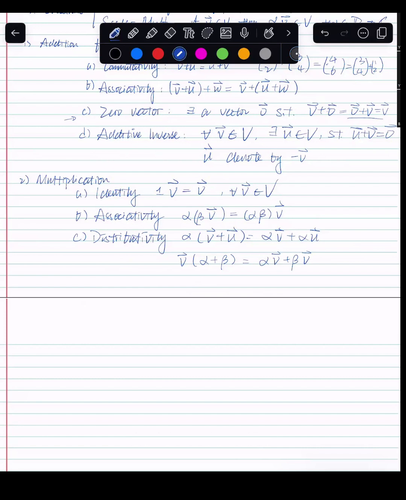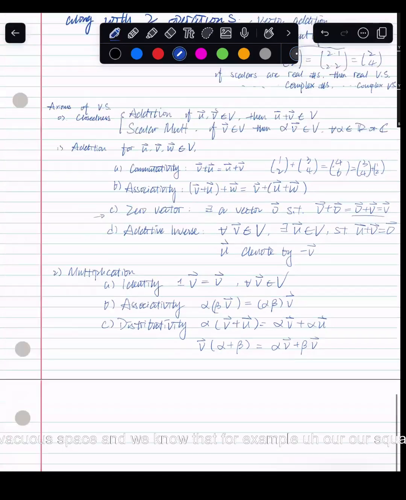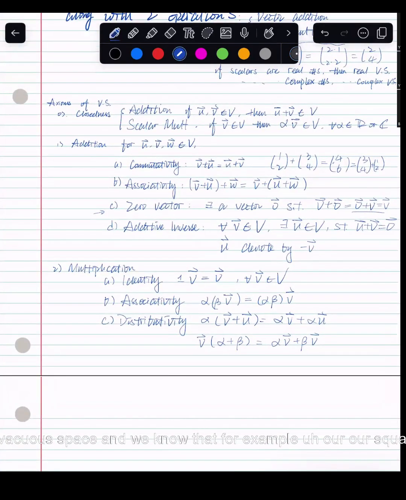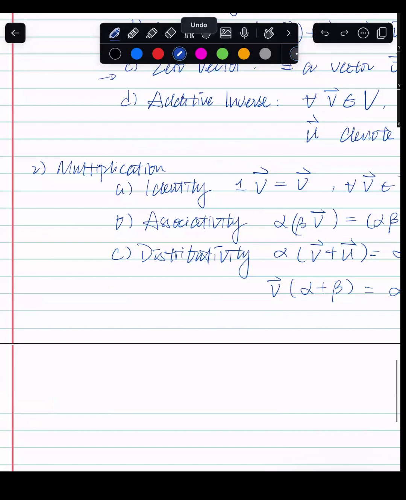All right, so this is the set of axioms that defines a vector space. And we know that, for example, R squared can be a vector space. Let's do examples.